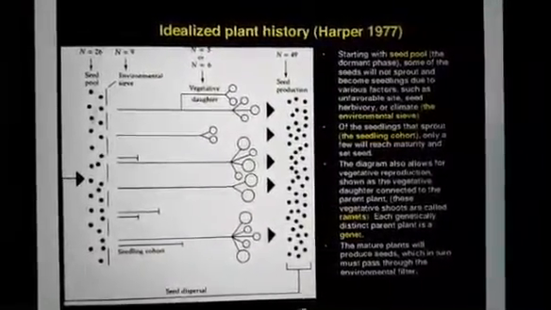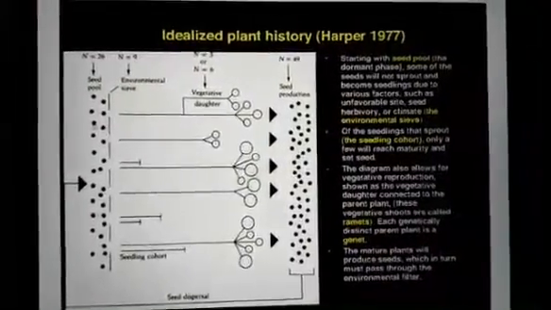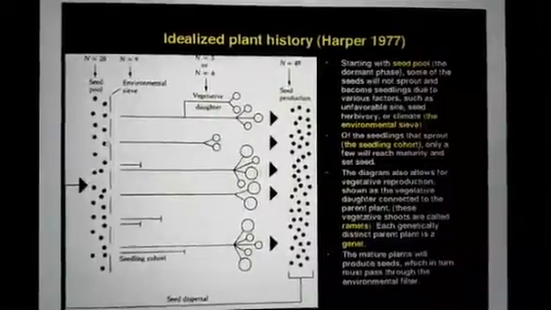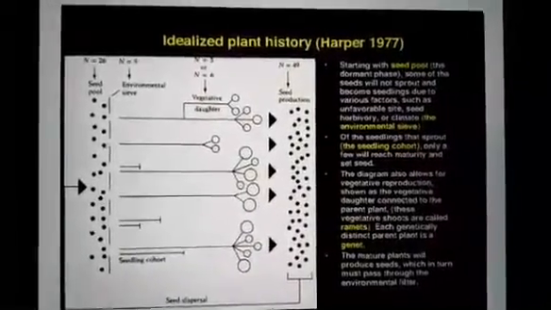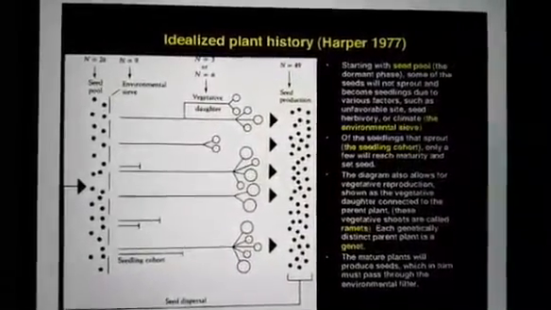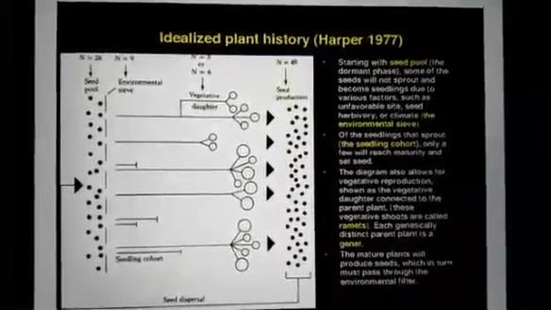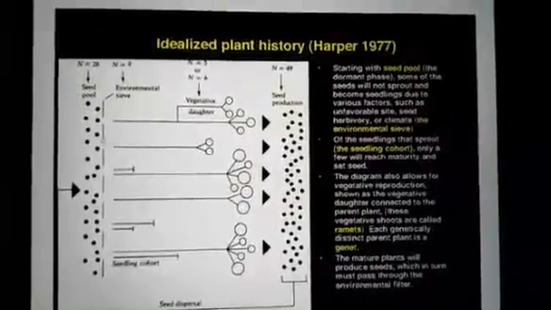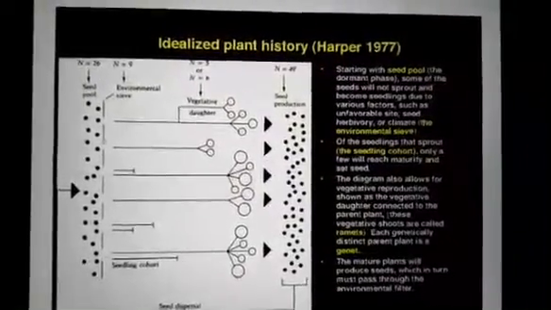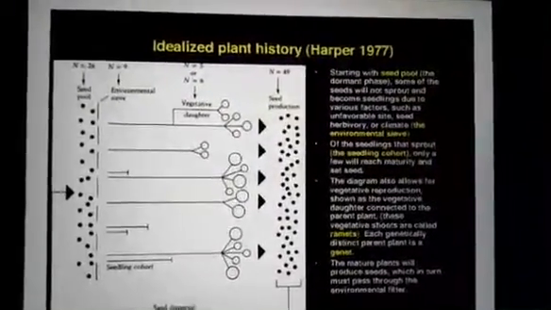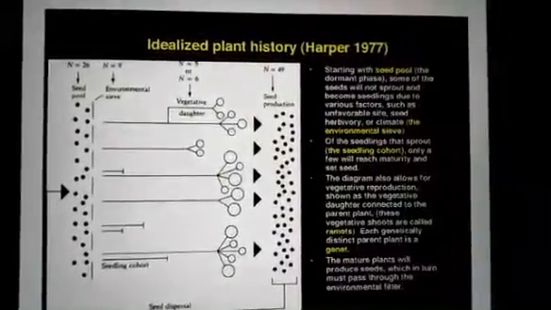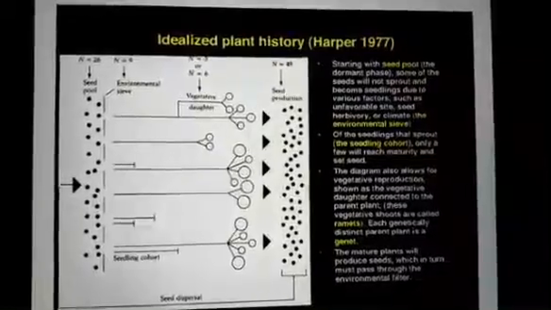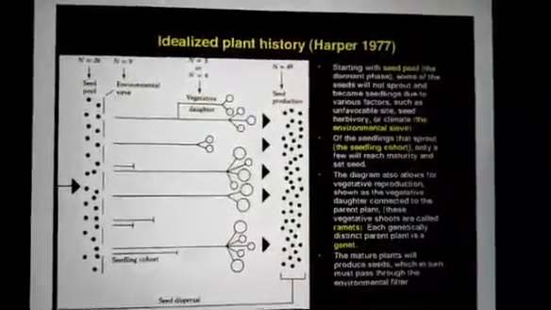Out of those seeds, not all of them are going to germinate. So we've got the environment, which is going to act as a sieve. It chooses which seeds are to germinate and which ones will not. This is because some of the seeds will fall on unfavorable environments or soils or on the rocks, and others will fall on favorable conditions, rich soils.